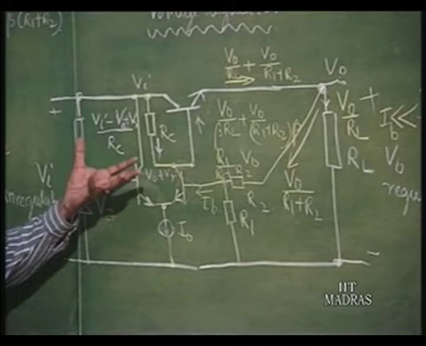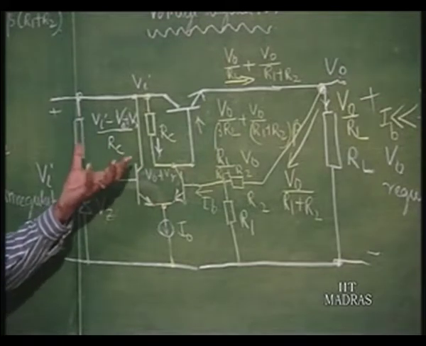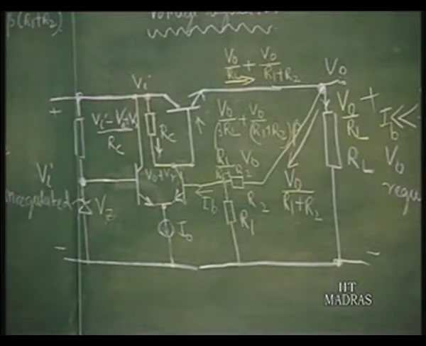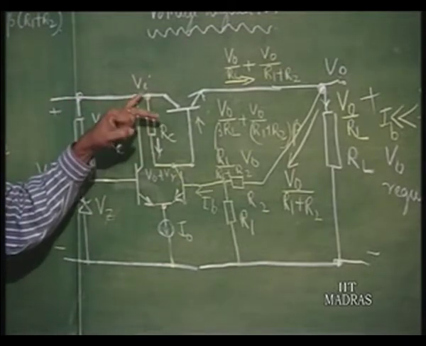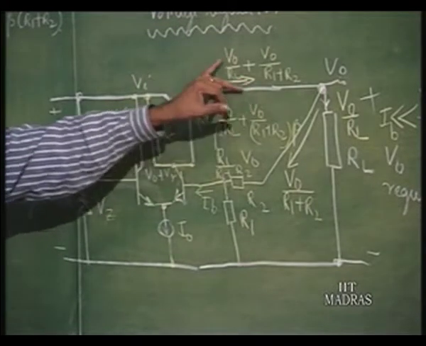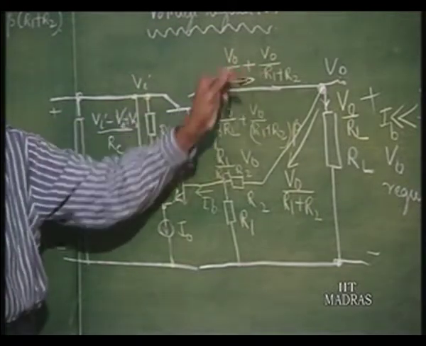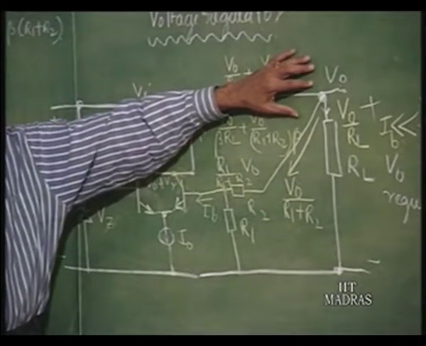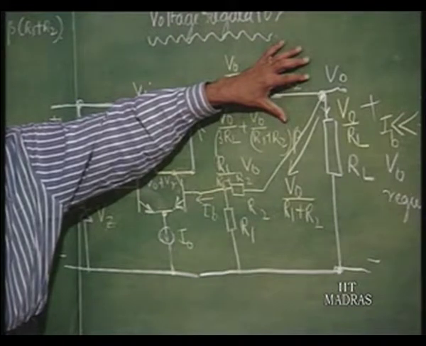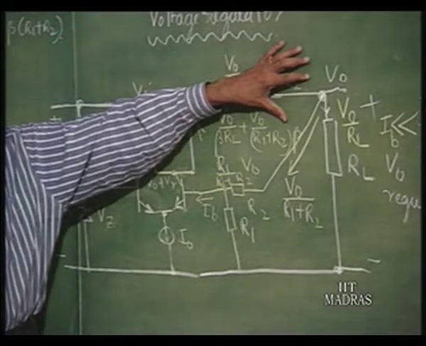So, in the working of this regulator, we have to understand clearly the limitations on input voltage. Now, for a certain load here and output voltage, this current is constant. Let us say this current is 100 milliamperes and beta is 100.